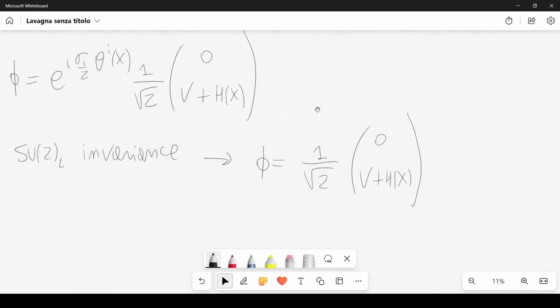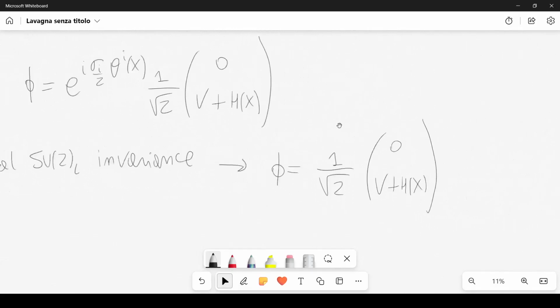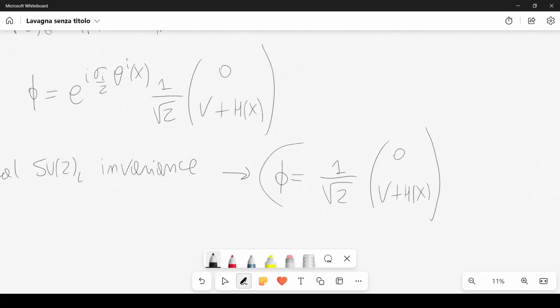And remember, we used local gauge invariance in such a way that we could write phi in this form by removing these three parameters. Thanks to the SU(2)L invariance, we can remove those three parameters, and therefore we can write phi in this form.